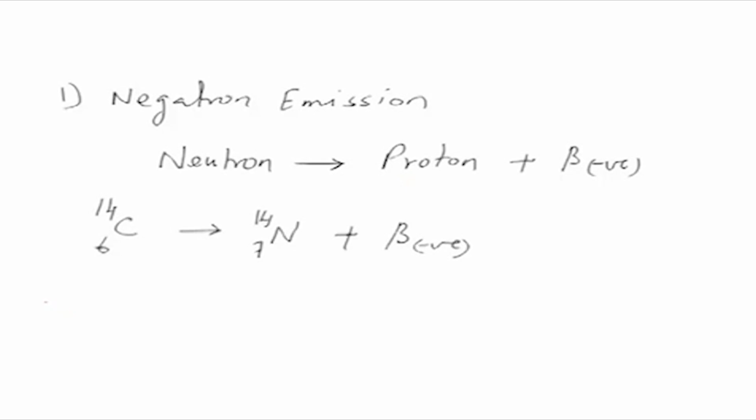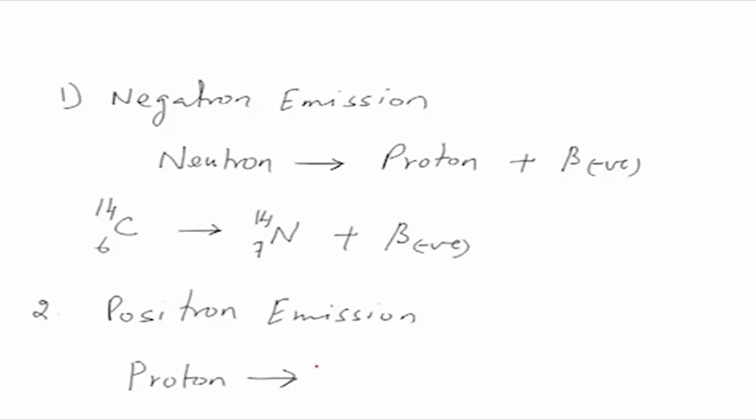Now, the second one is decay by positron emission. A positron is just the opposite of a negatron, a beta particle which is positively charged rather than negatively charged. What happens here is that, rather than a neutron being converted to a proton, a proton is converted to a neutron plus a positively charged particle, or beta particle.